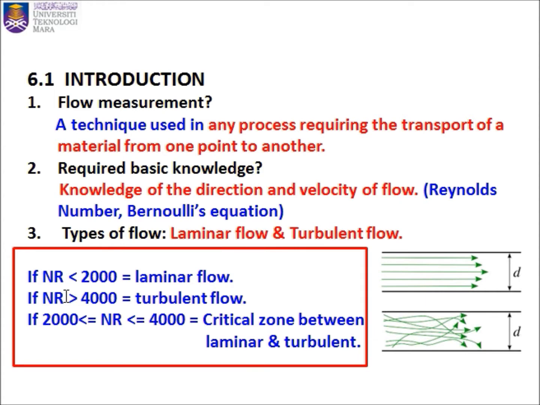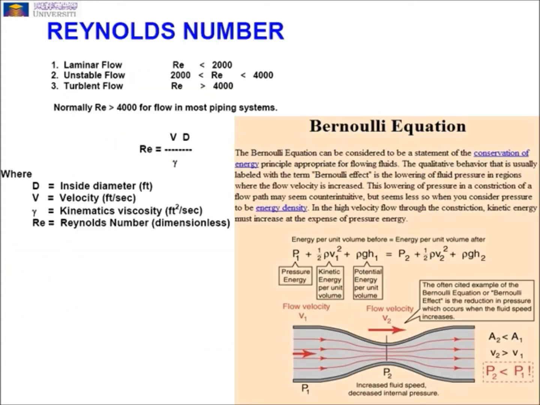But if the Reynolds number is more than 4000, the flow is classified as turbulent flow. So turbulent flow looks like this, right? If the Reynolds number is between 2000 and 4000, we call it the critical zone between laminar and turbulent.